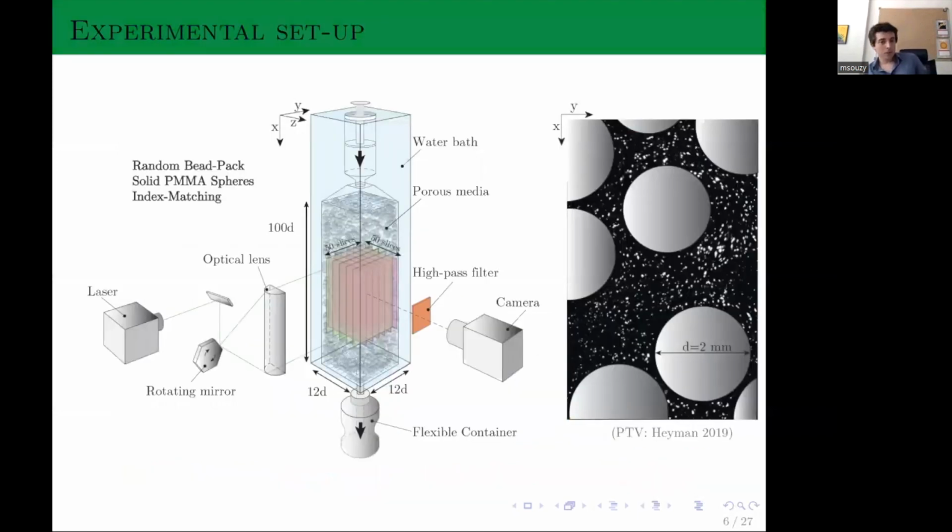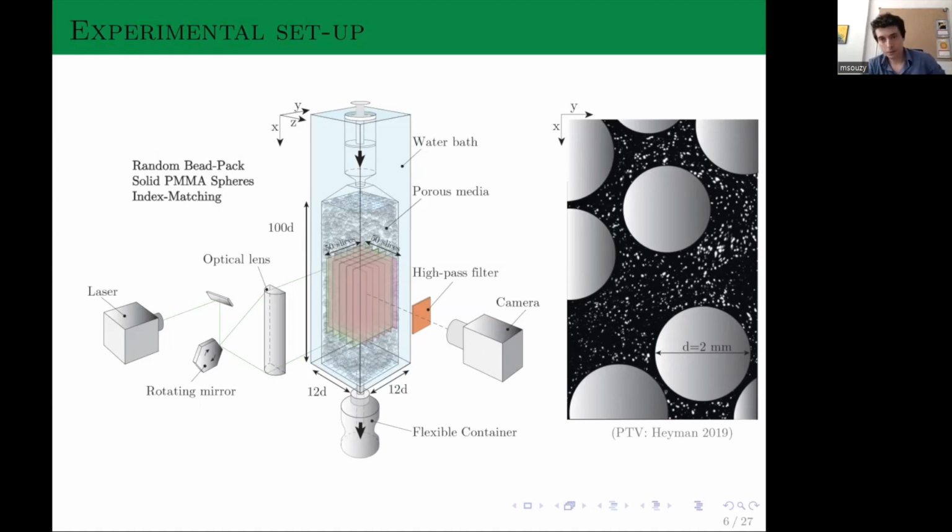So experimentally, to address these questions, this is the experimental setup that we're using. It's a 3D porous medium, which is made of a random bead pack of monodisperse 2 mm diameter spheres of PMMA. The beads are packed and compressed between two grids to prevent them from moving while we're injecting the flow, the interstitial fluid.